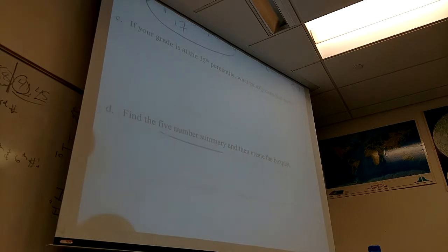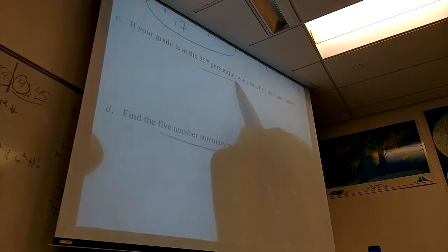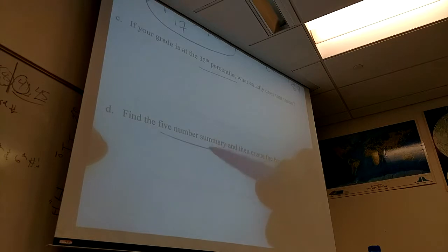Part C, I'm not asking you to calculate a percentile at all. I'm just saying, what does this idea of 35th percentile mean? Your grade is higher than 35%. All right, I like it. 35% of everybody else scored lower than you, or you scored higher than 35% of the other people, right? So is that a good place to be in?